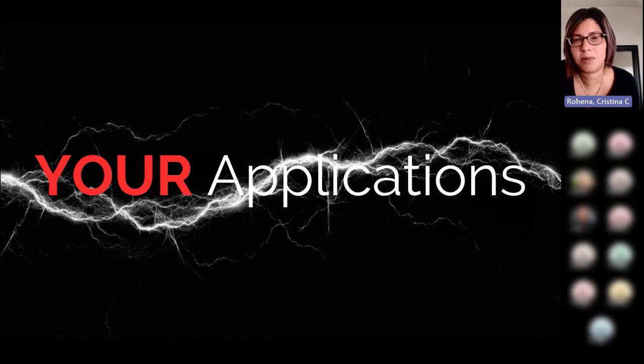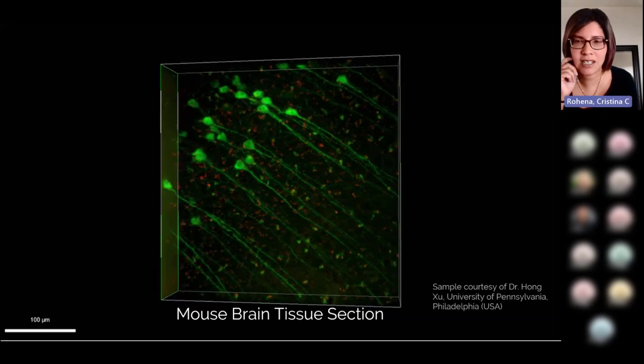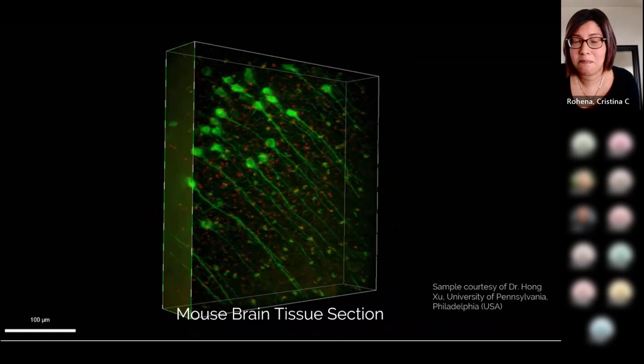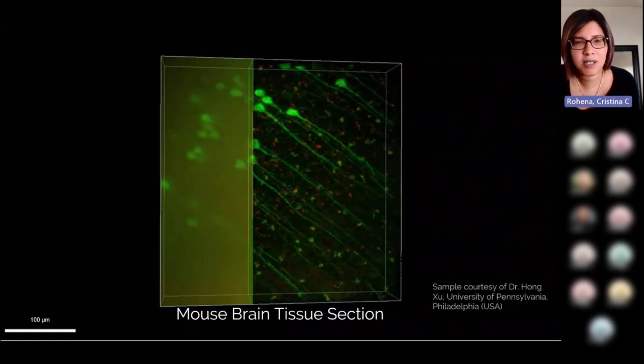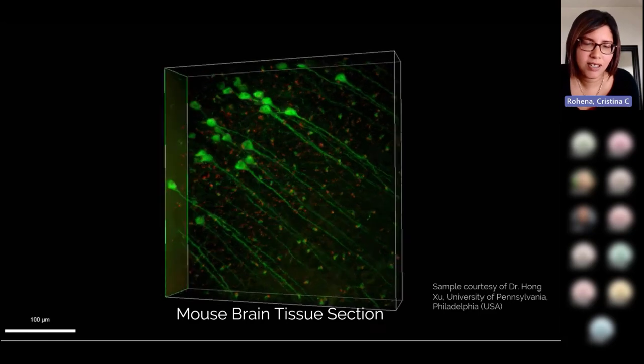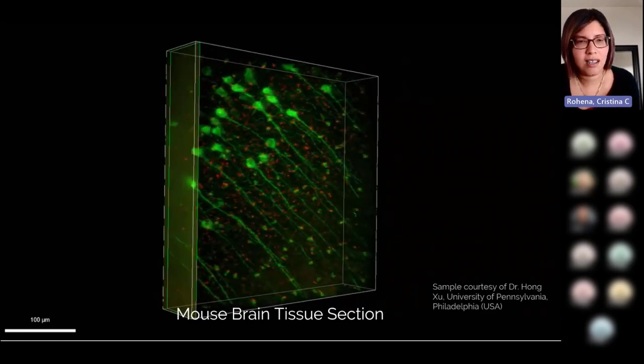I have just a few examples of some applications that were done on our tissue imagers. This has to be one of my favorite, I think. This is a YFP tagged neuron mouse brain slice that's also been stained with anti-GFAP in 647. And you can see really dramatically what effect Thunder has on this image.